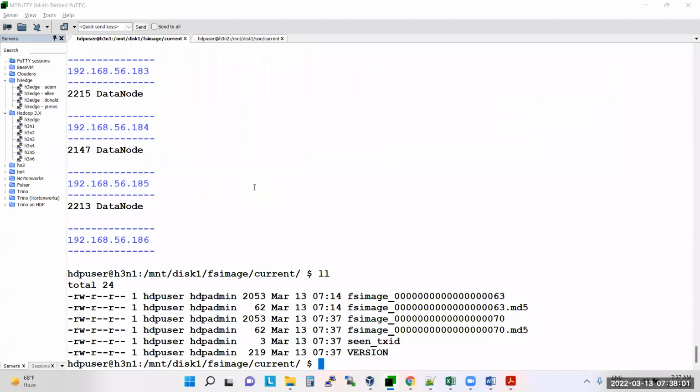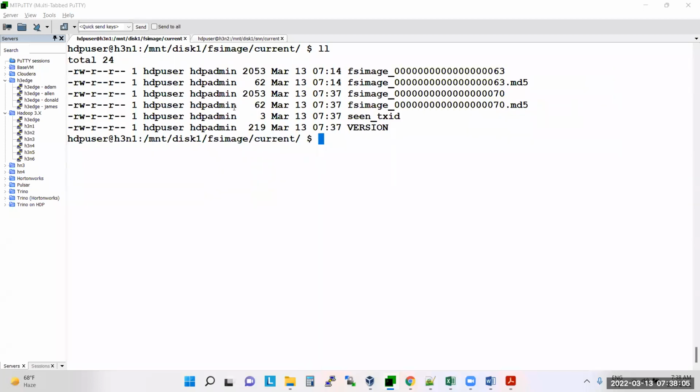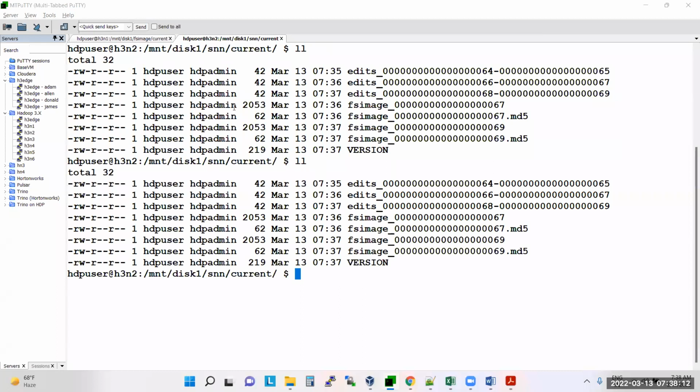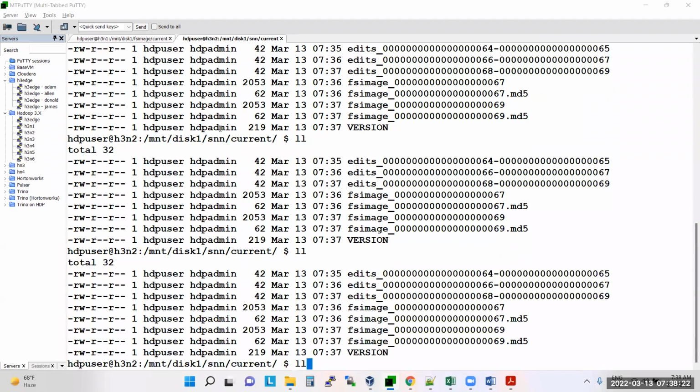Since we are seeing entries in disk 1, that's how we got to know.